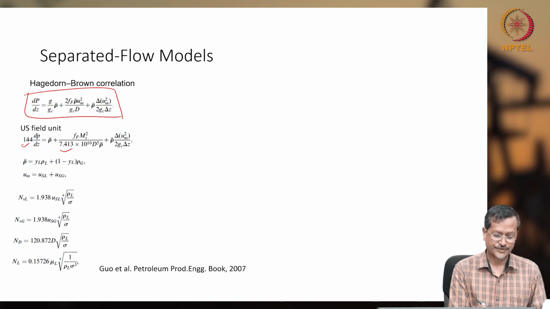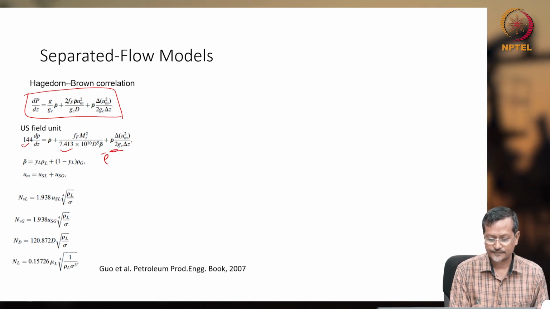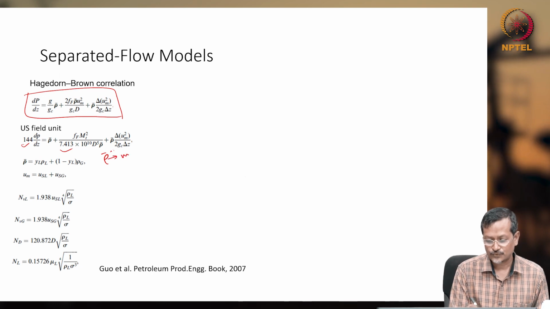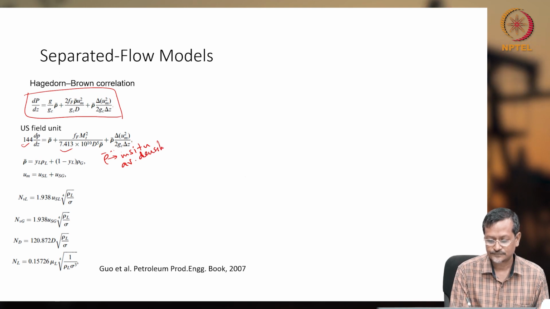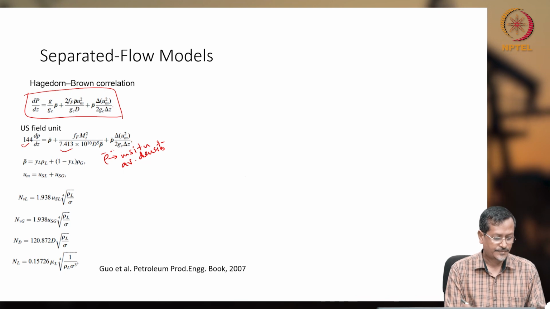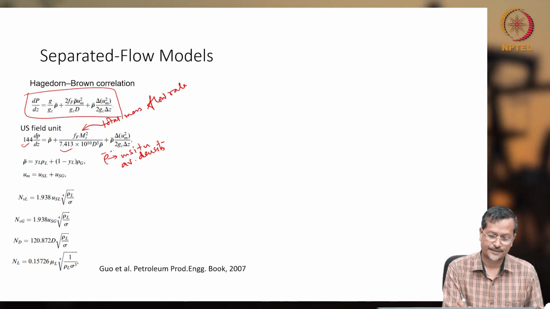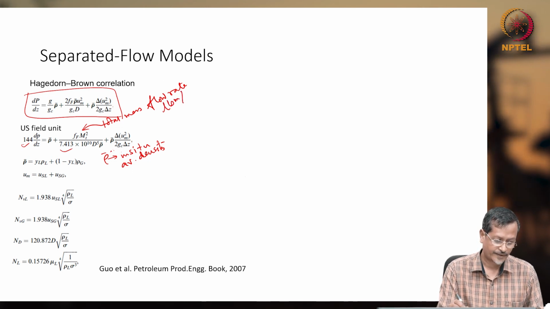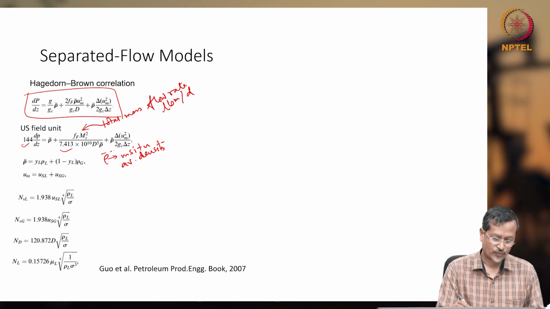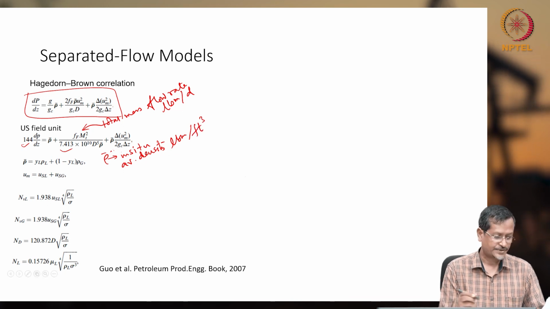So rho bar is the in situ average density. m is the total mass flow rate, mT, and the unit is lbm per day, and rho is lbm per cubic feet, d means day.